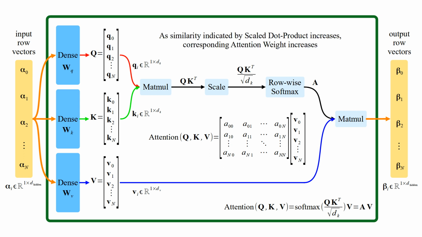As similarity indicated by scaled dot product increases, corresponding attention weight increases. Contribution of a value vector to an output vector increases as corresponding attention weight increases. Similarity increases attention, and attention brings higher contribution.